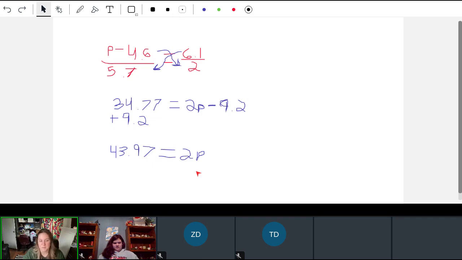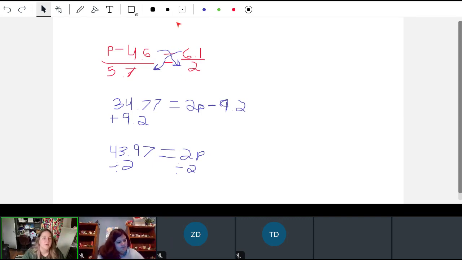What's the opposite of multiplication? Very good. Yes, we're going to do that on both sides. Divide by 2 on both sides. And then write your answer down there at the bottom.